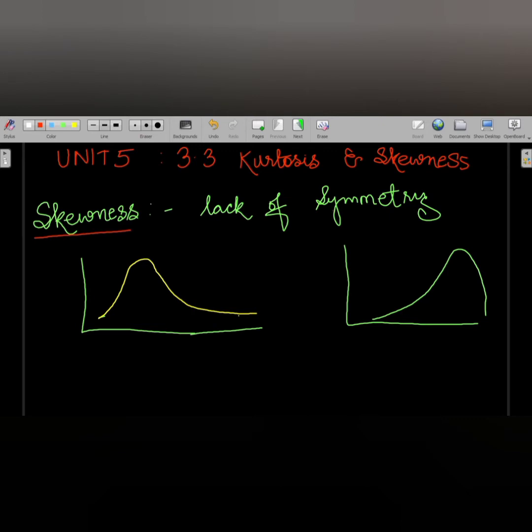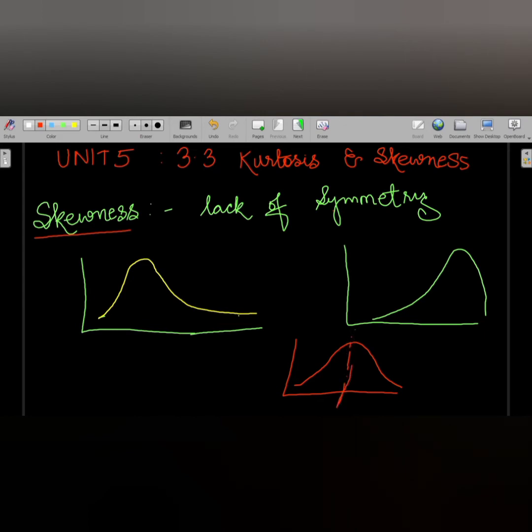First, we'll understand what the word symmetry means. Symmetry means we can divide the figure into two equal halves. This is a figure having equal tails on both sides.